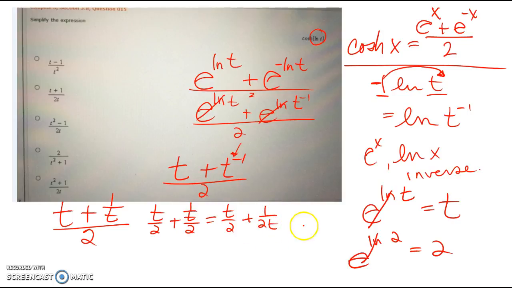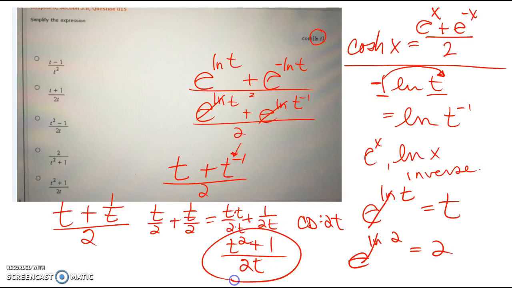And I need it over a common denominator. My common denominator is 2t, so I'm going to multiply this side by t and this side by t. So I'll have t squared plus 1 over 2t, which is that. Okay? I don't know, did he tell you you need to memorize these for the exam? And maybe the hyperbolic sine, which is very similar?